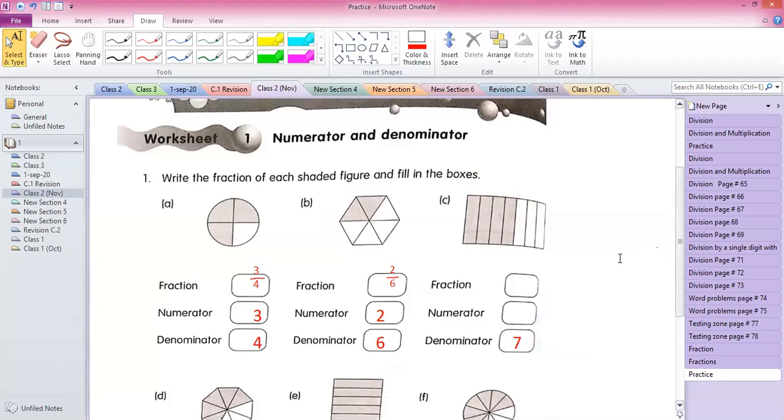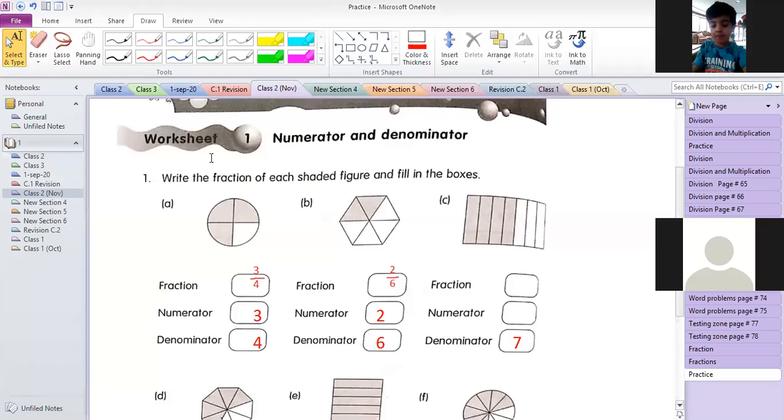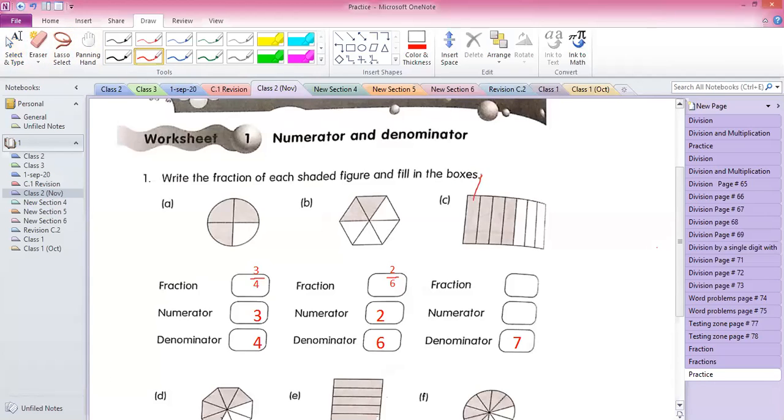Okay. Can you guys tell me the numerator here? Four. Very good. The numerator is 4. How do you know? Because the numerator shows the number of parts that are shaded or taken. This is 1, this is 2, this is 3, and this is 4. So 4 parts are shaded.